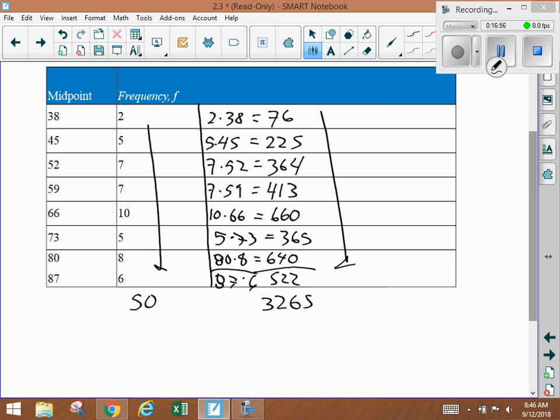We find the mean by taking that sum and dividing by 50. Is it rich for 65 years old? Yeah, that would be the average.